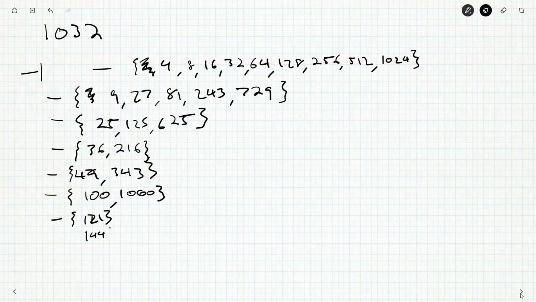144, 12 squared, all the way down through. So we'd get 1024 as 32 squared, but he's already on our list, isn't he? So we have 32 squares to take away.